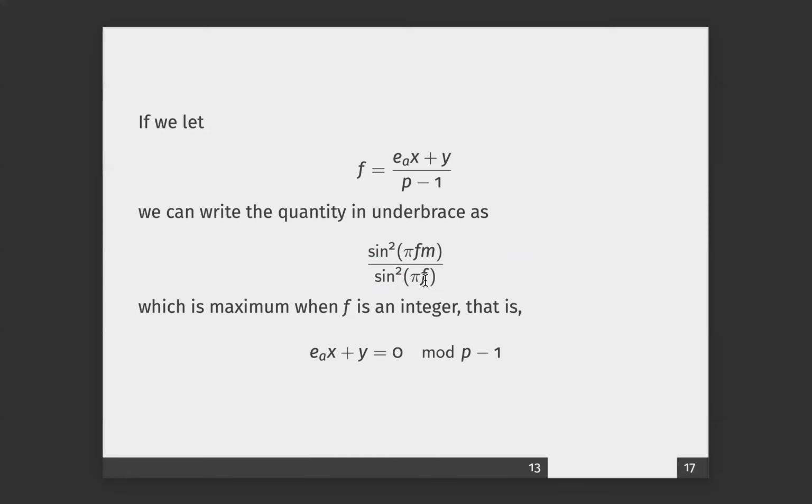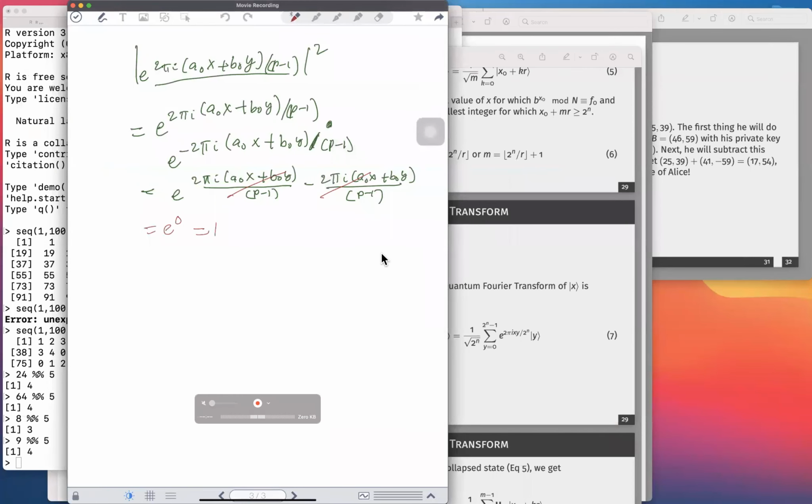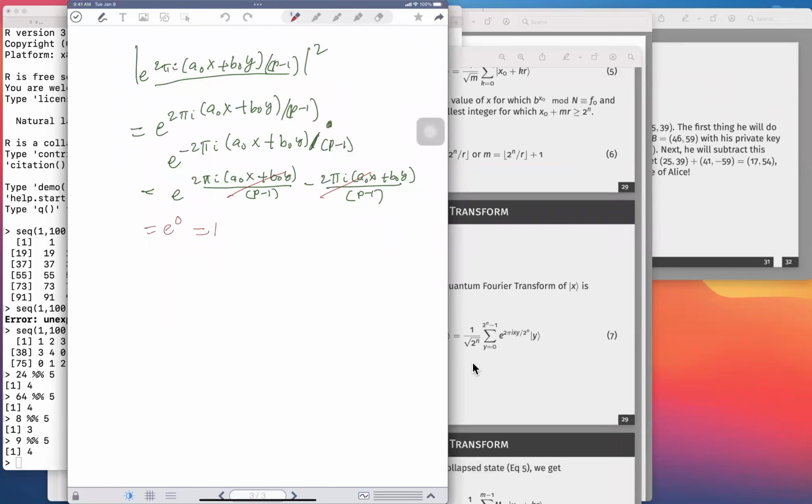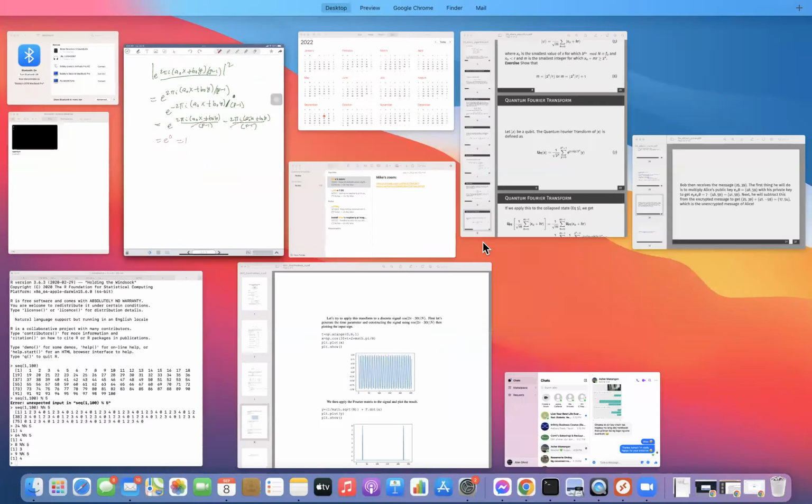Now there is an exercise that I prepared for you to be able to show that this is correct. This is the exercise.